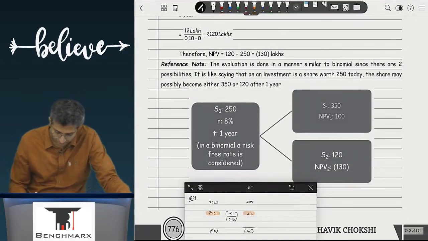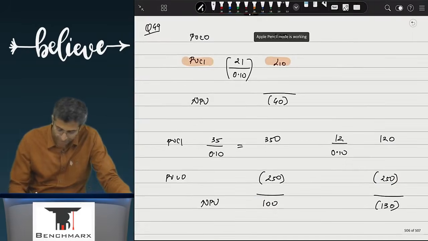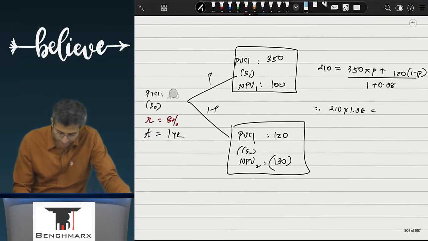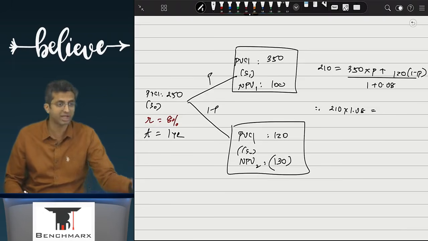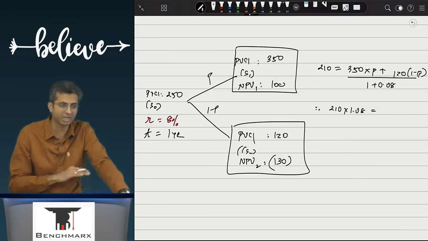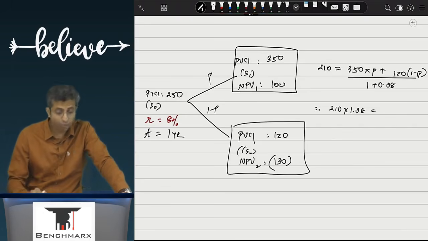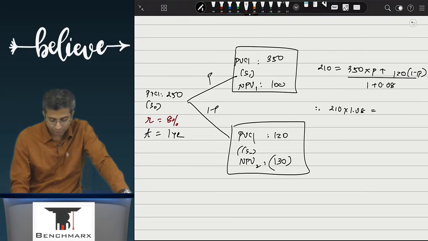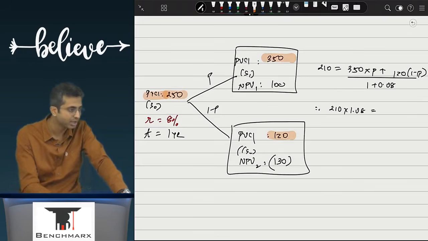Sorry, this is 250 that you'll have to invest today, my bad. You'll have to invest 250 today. And if you invest 250 today, that is the value of the asset today, I'm sorry, you will get 210 in today's terms. So your NPV today is negative. But if you want 350 after 1 year, or if you want 120 after 1 year, today you have to invest 250 rupees.